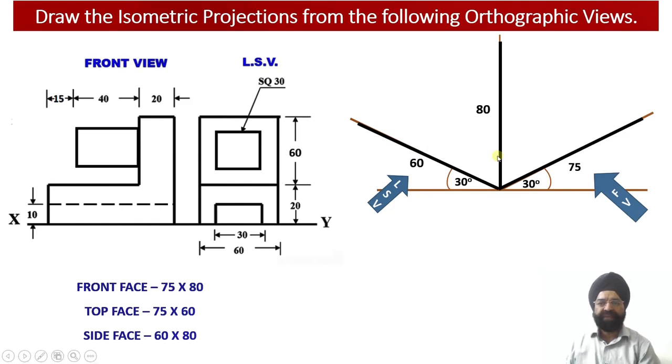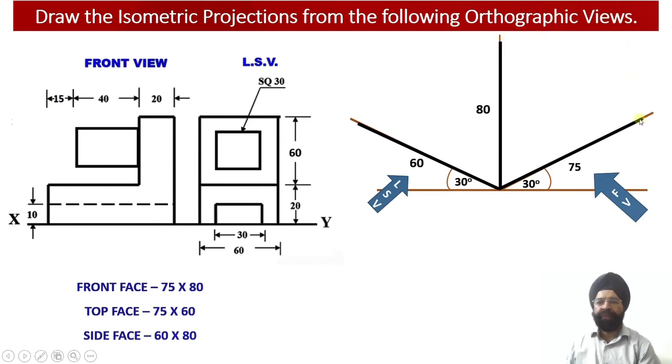So if this is the left side view, the front view will be observed on the right hand side. So we know the dimensions of the front view face of the solid. This happens to be 75 millimeter by 80 millimeter. So 75 millimeter happens to be the length of the solid, while 80 millimeter is the height of the solid. So along the y and z plane we are going to draw the front face of this particular solid. So this is going to be the front face of the solid.